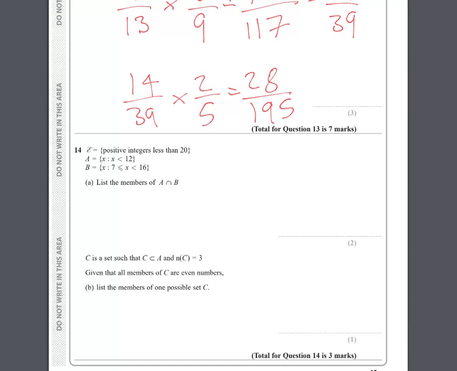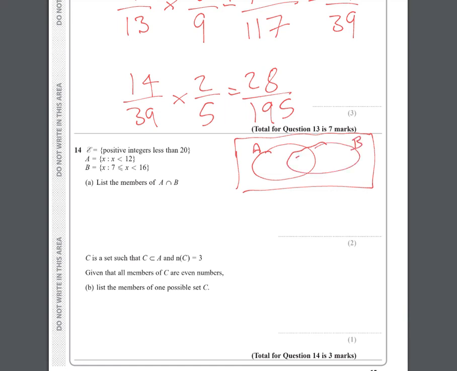Venn diagrams question. So the whole lot is positive integers less than 20. A is the things less than 12, and B is between 7 and 16.